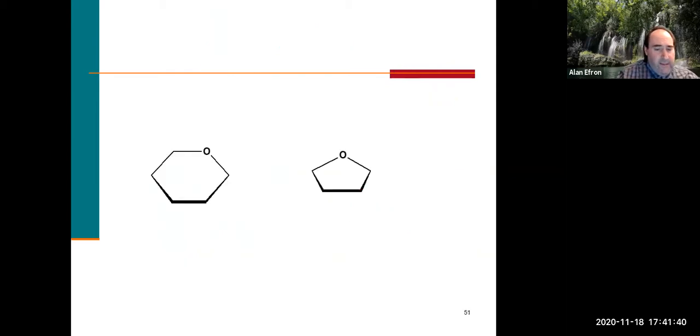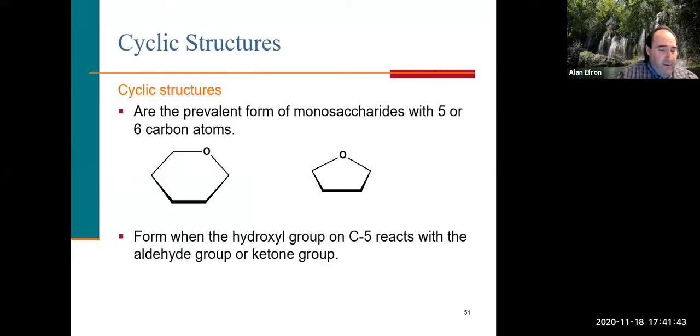Now, when these guys do make these ring structures, they typically will make one of 2 types of rings. So one ring looks very much like cyclohexane, which is this 6-member ring. But the difference is there is actually an oxygen in the ring. So instead of actually being 6 carbons like we saw in organic chemistry, it actually makes more of a 5-carbon ring.